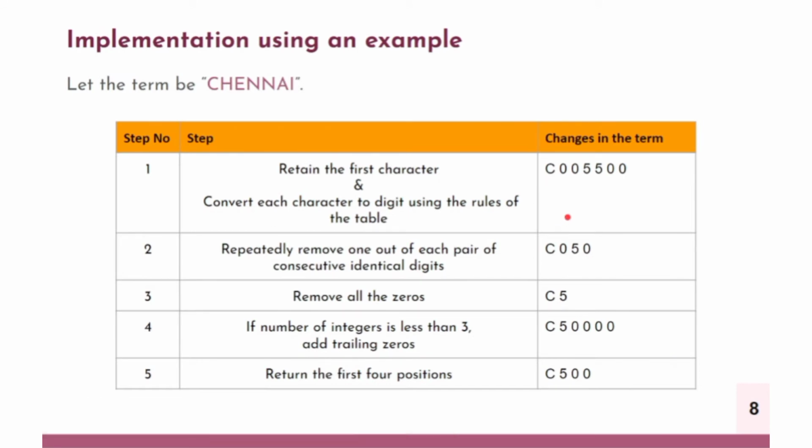So if we replace all the other characters, leaving the first character, there will be 0, 0, 5, 5, 0, 0.